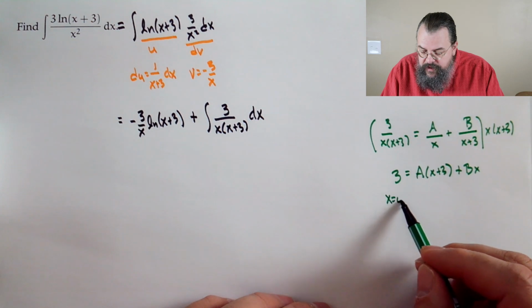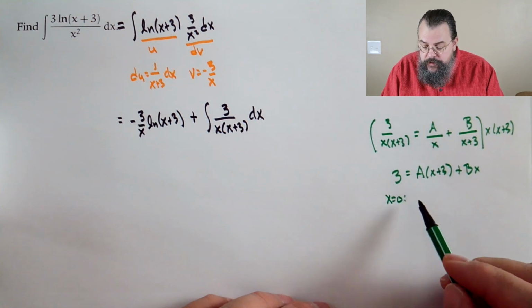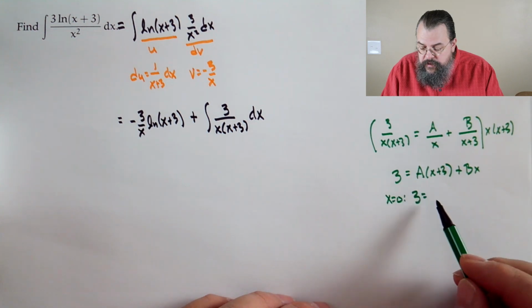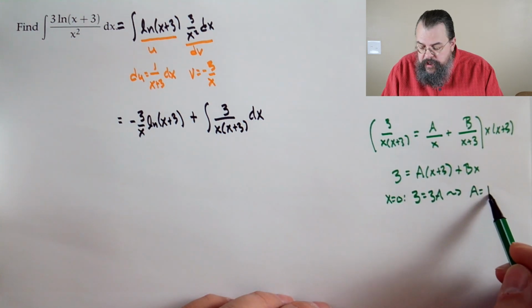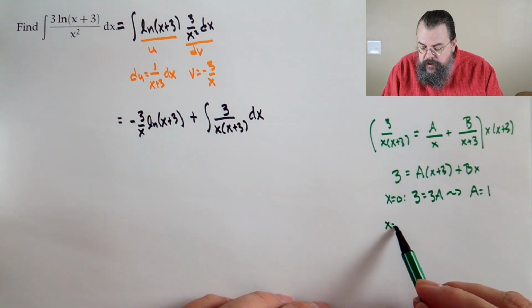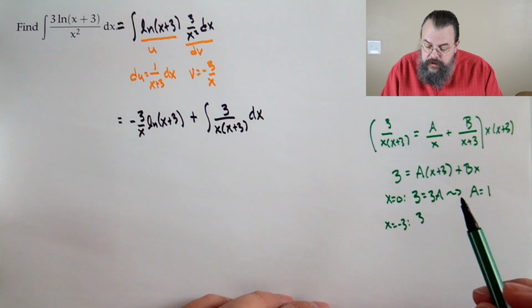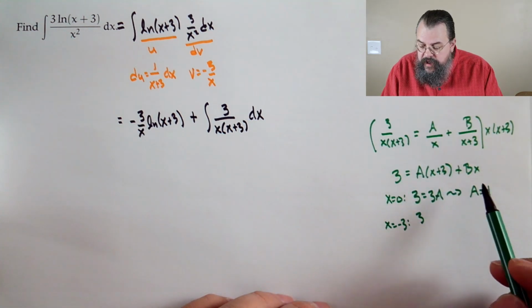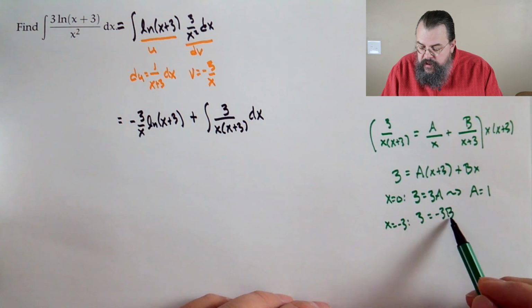If we choose x equals 0, that knocks out the second term, and we'll get 3 is equal to 3A. So A equals 1. If we choose x equal negative 3, we'll get 3, and here the A term drops out, equals minus 3B.